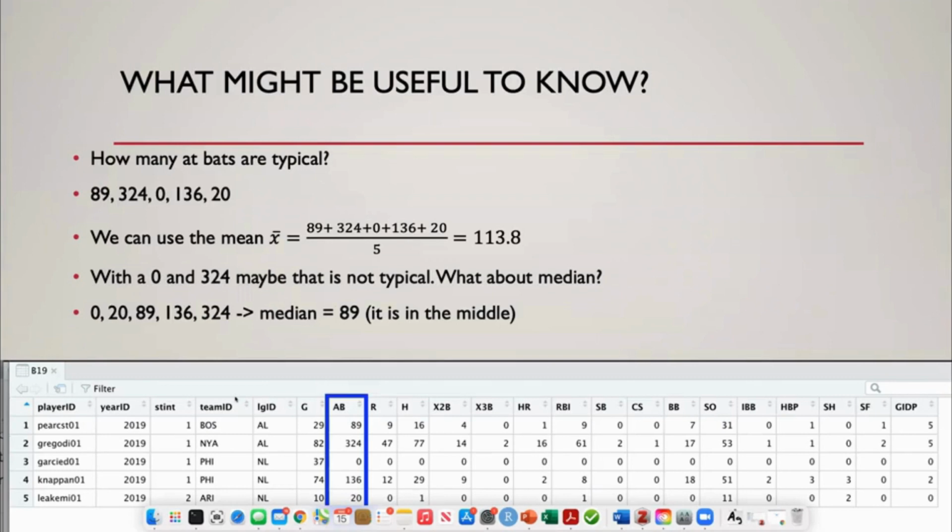If you happen to have another observation on there, say instead of 5, we had 6, you would find the mean of the 2 middle numbers. And the book shows you that.